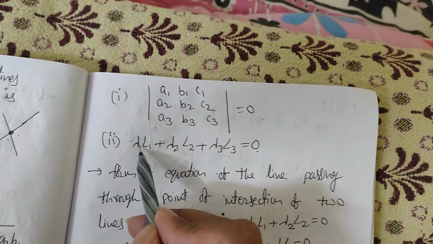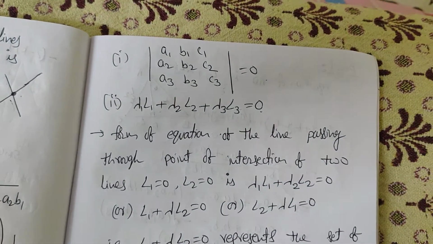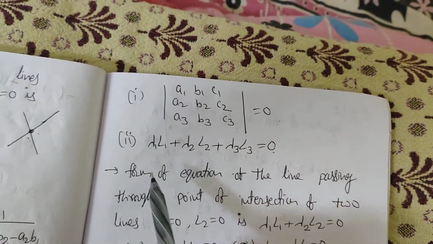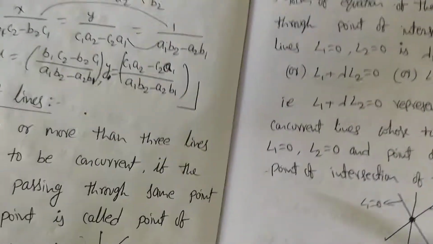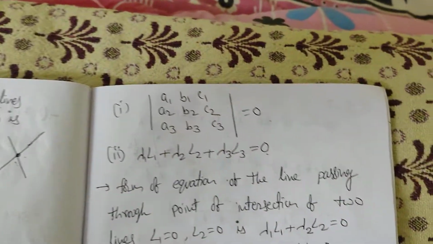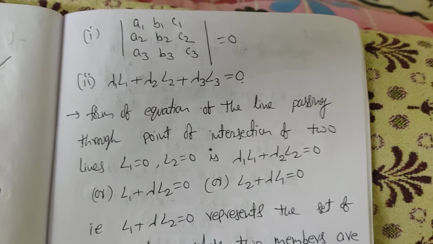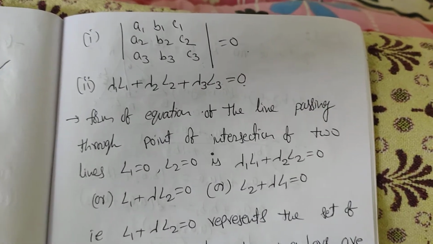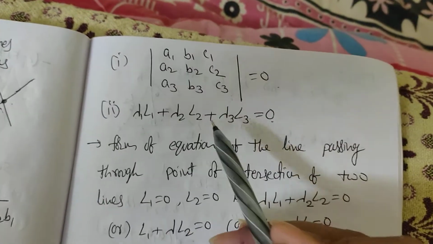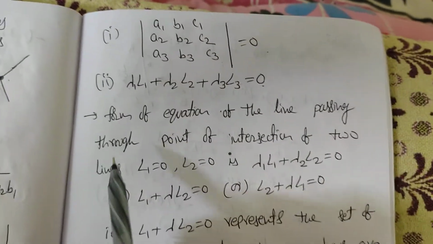Understand? So don't get tension about lambda 1, lambda 2, lambda 3; they are any numericals you can take. So these are the applications of concurrent lines. You just apply these applications. I will explain how to use and when to use these, which application is suitable for which problem. Okay, next one.